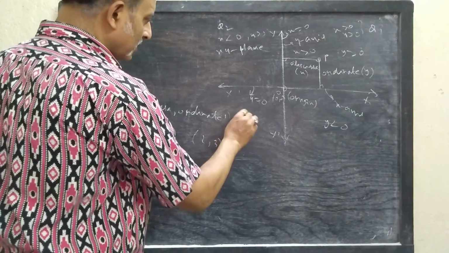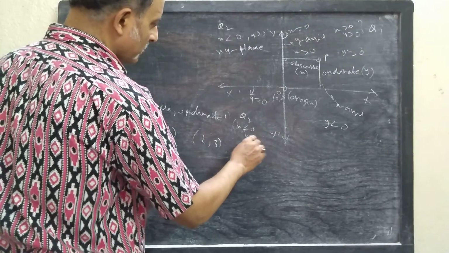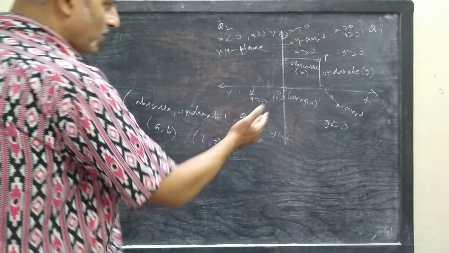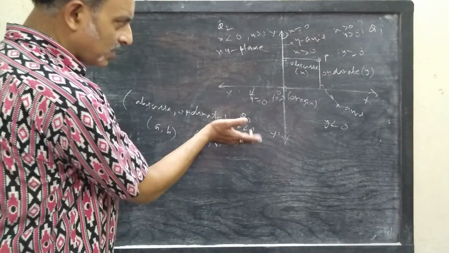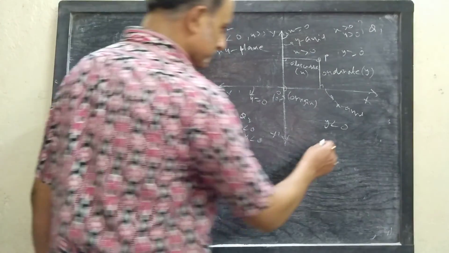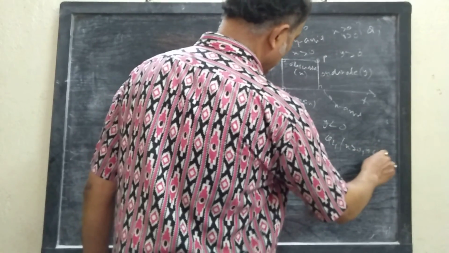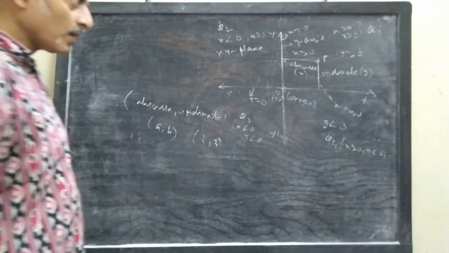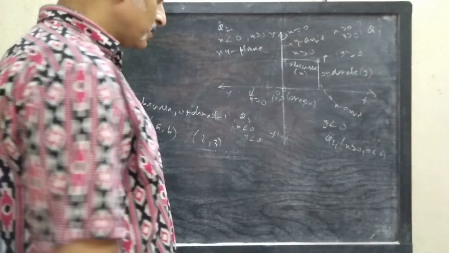This is the quadrant Q3 where x is less than 0 as well as y less than 0, because all the points are on the left side of the y-axis and below the x-axis. This is the third quadrant, and this is the fourth quadrant where x is greater than 0 and y is less than 0.